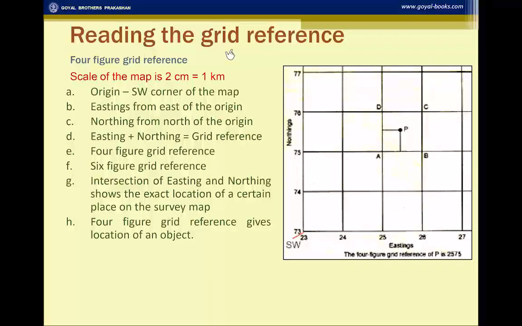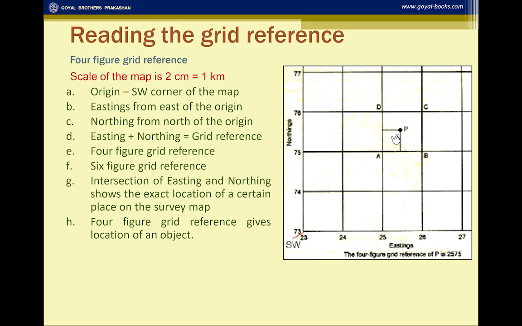Now we come to the grid reference. I told you the grid is the point where you see the squares. These squares which are of 2 centimeter by 2 centimeter, ultimately showing 1 kilometer by 1 kilometer, and wherever the easting and northing intersect each other, that shows the location of that particular point.